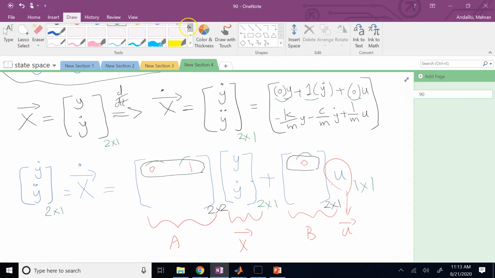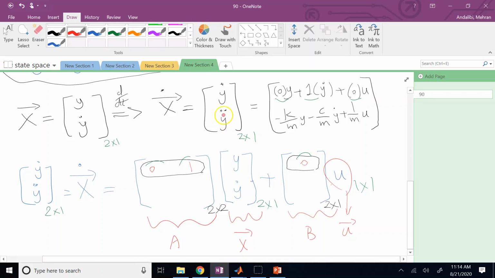Now, how do I write my second row? So y double dot is negative k over m y, so I have to multiply y by negative k over m. Then I multiply my y dot by negative c over m, and then multiply my u by 1 over m when I do the second row times x plus the second element times u.